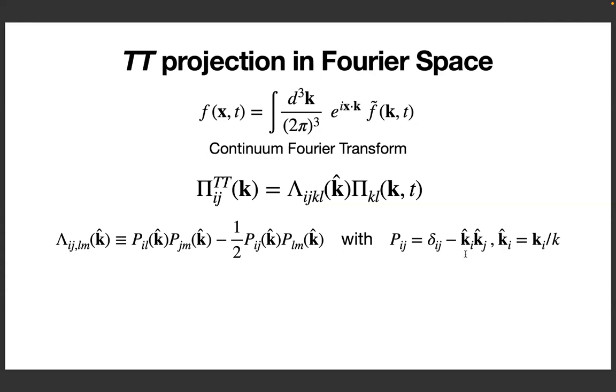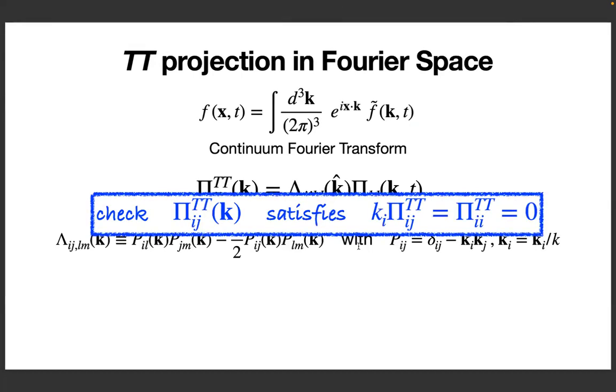In this case, k means the momenta, and the k hat are unit momenta normalized by the modulus of this vector. If you construct this projector in Fourier space and you apply it to this tensor, you will get the transverse traceless part in Fourier space. You can check yourself that if you apply this projector to this tensor, it will satisfy the conditions of being transverse and traceless.